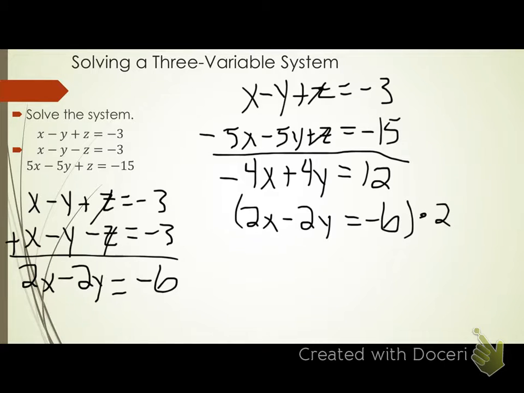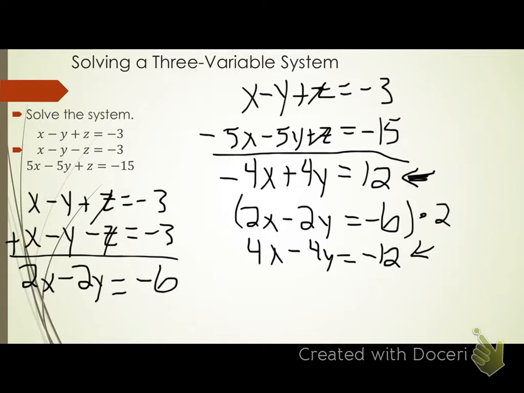2 times 2x, 4x. 2 times negative 2y, negative 4y. 2 times negative 6, negative 12. Now I'm looking at this equation right here. Do the y's have the same sign or opposite signs?